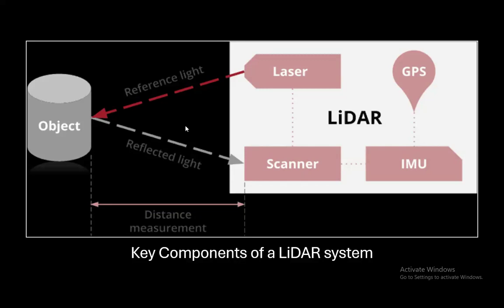And then you have the IMU, that is inertial measurement unit, which actually detects and measures the changes happening regarding the platform.